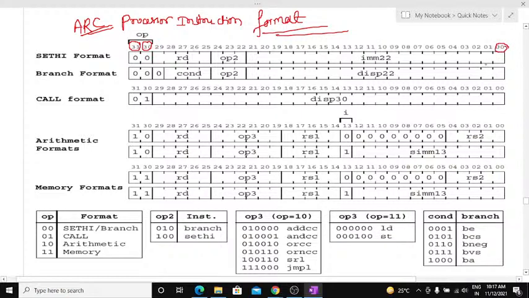It means it is a 32-bit register. So all the registers are of size 32 bit. So in the format, set high is a logical instruction.